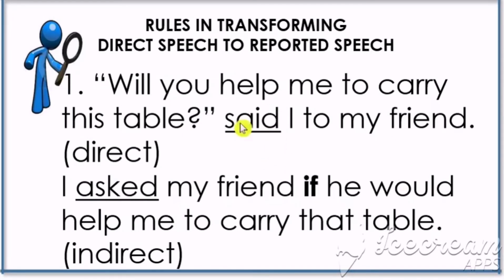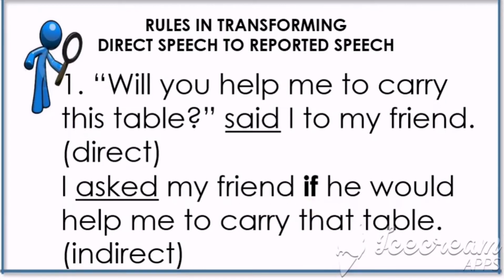When you write that in the indirect speech, I asked my friend. So I is still the subject, and then we change said into asked. I asked my friend, and we will add the word if.